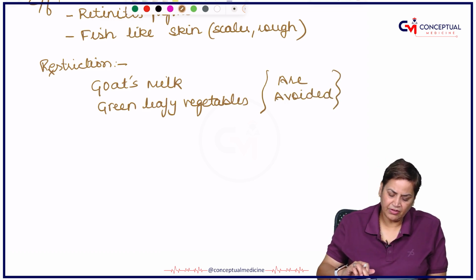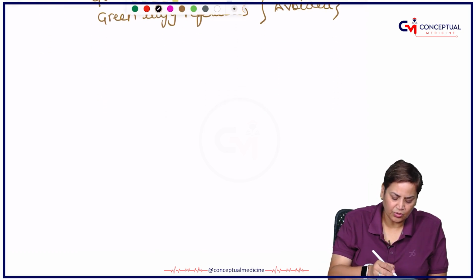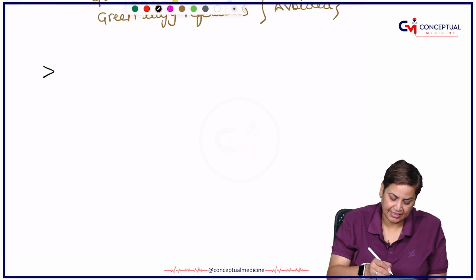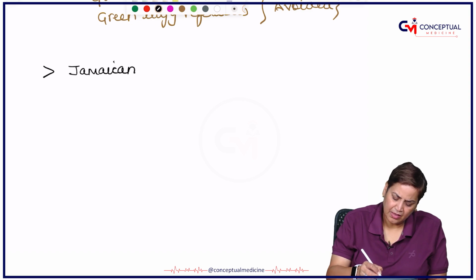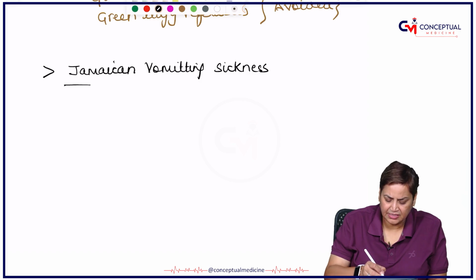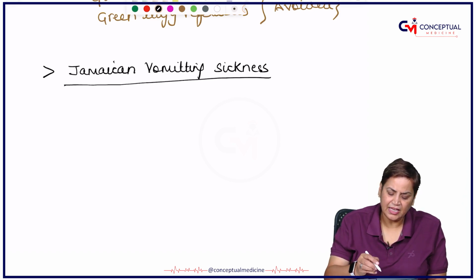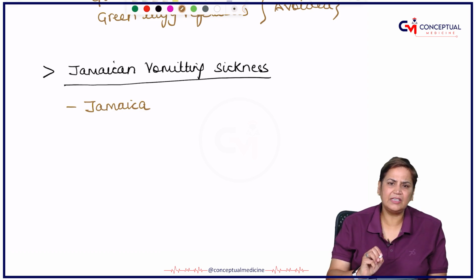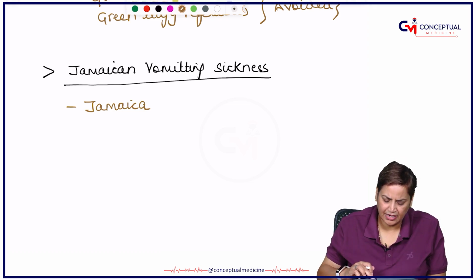Right? Then we come over to the fourth disorder, which is known as Jamaican vomiting sickness. Now what happens in this? As we can see, it was first found in the area of Jamaica, in a kind of tribe.